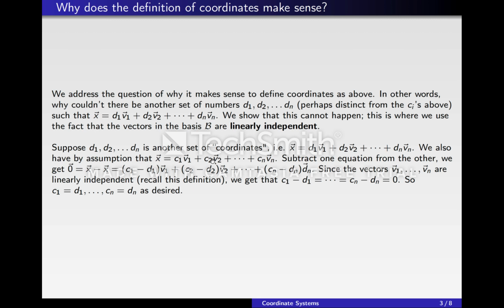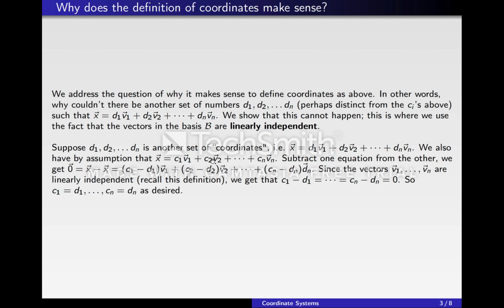The vectors are linearly independent. That means that the coefficients are all 0, and that's the only way this could happen. And so that means that we have c1 minus d1 equals 0, so c1 equals d1. And similarly for all the other coefficients, so c2 equals d2 and cn equals dn, etc.